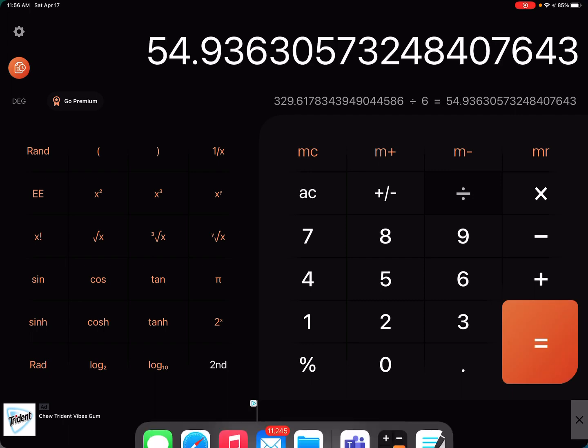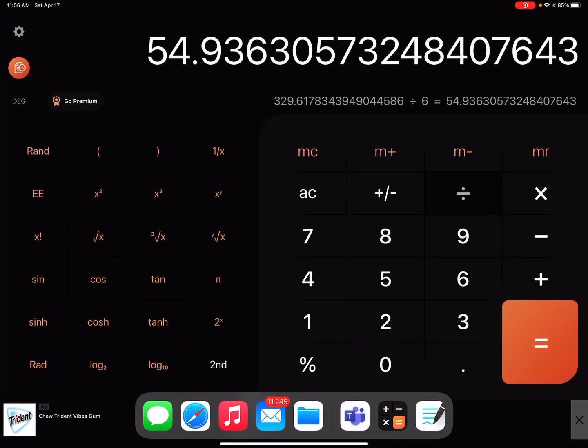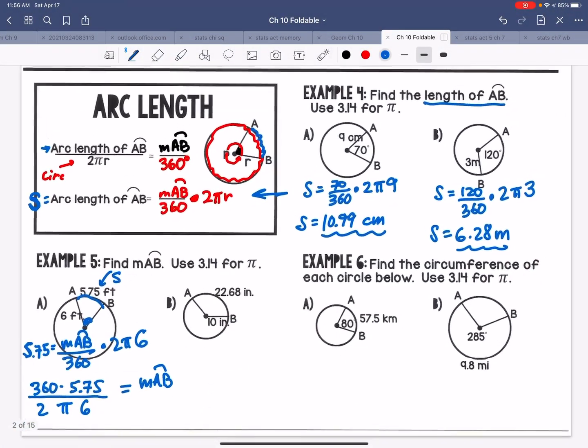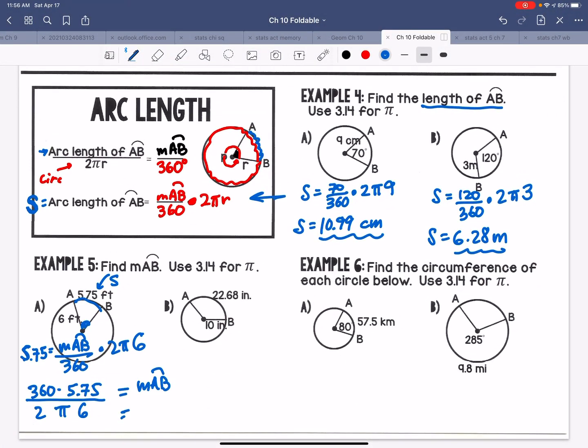So 54.93 or 4. It doesn't really say what to, so I'm just going to say 54.9. So that's about 55 degrees. And I look up there and go, yeah, that looks about 50 degrees. If this were an equilateral triangle, it's close. That looks a little less than 60, and that's a little less than 60.